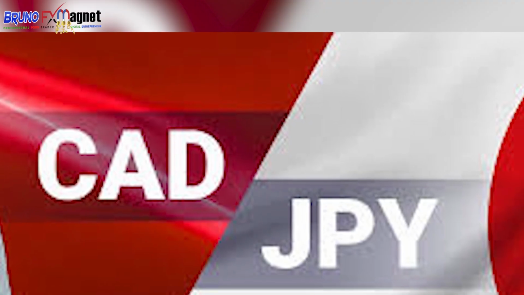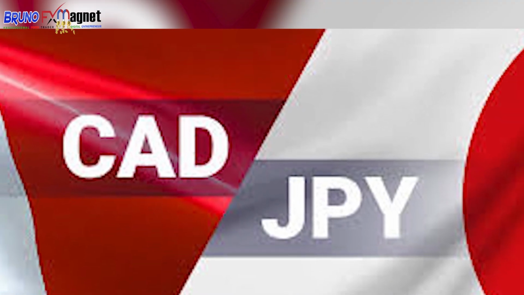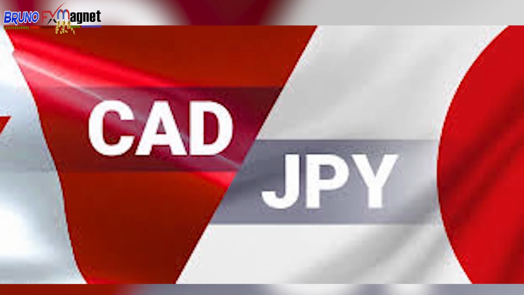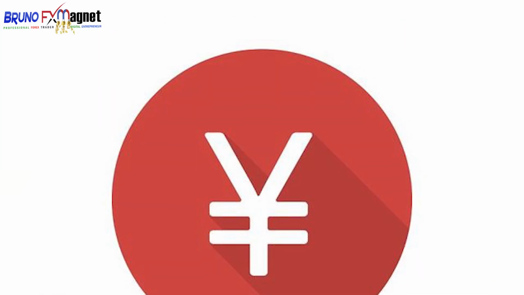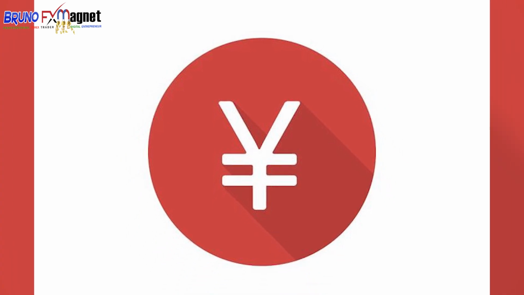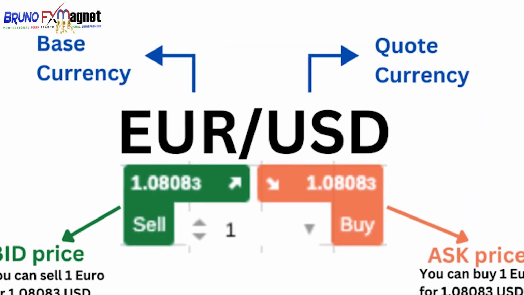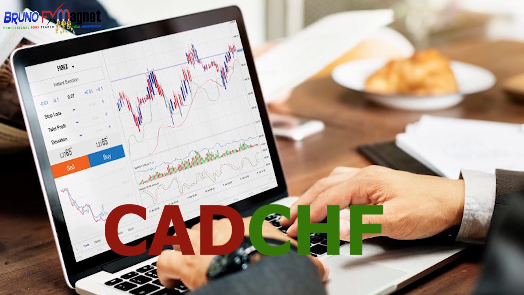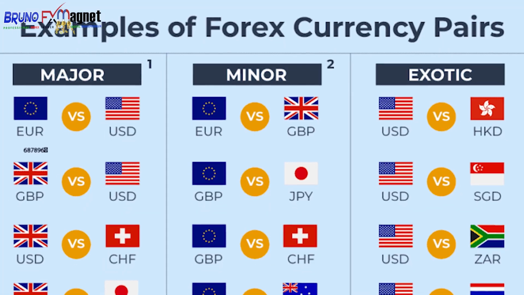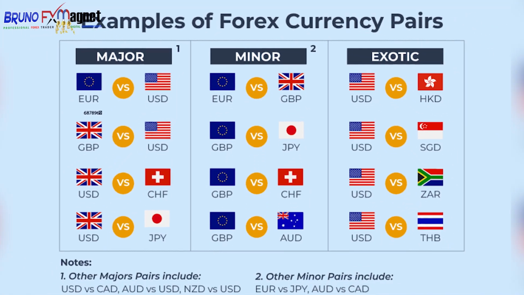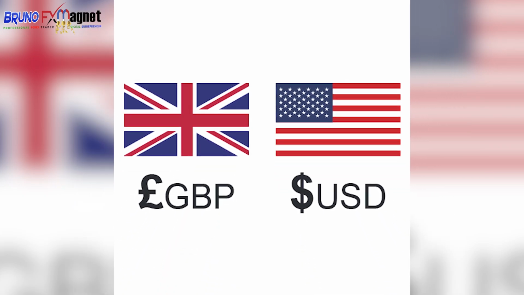Prices for pairs that include the Japanese yen are quoted to the second decimal place. For all pairs which exclude JPY, such as Euro USD, CAD CHF, NZD USD, and many others, their pips are read or counted on the first decimal place.